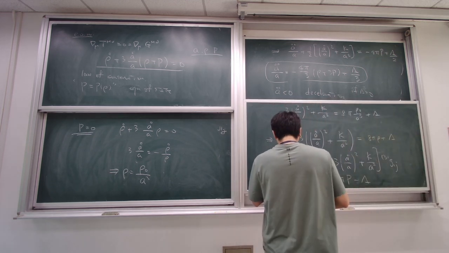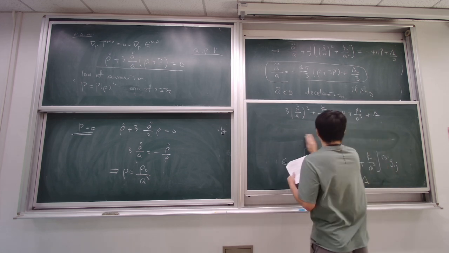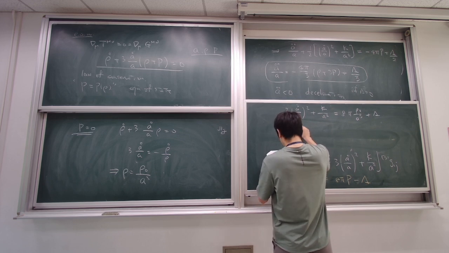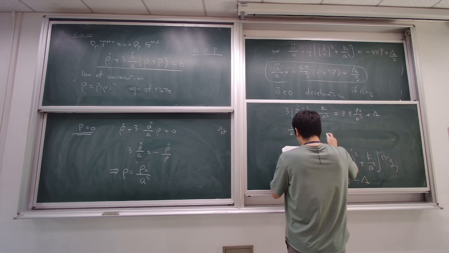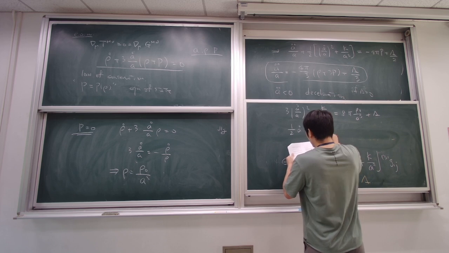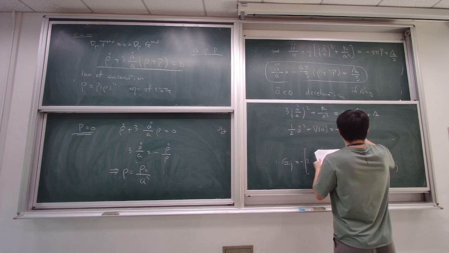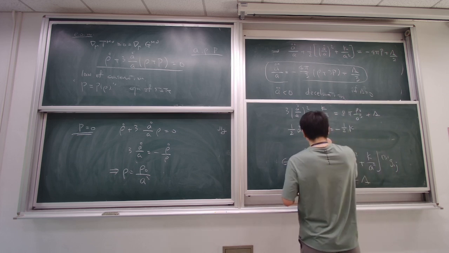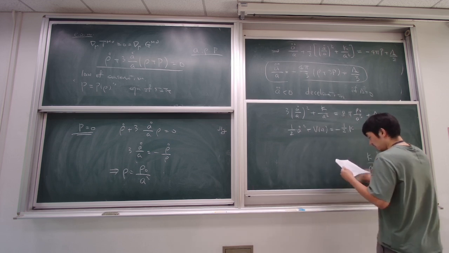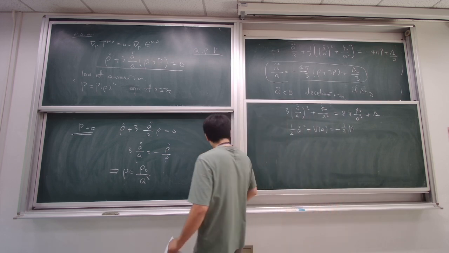Then you just do the manipulation, multiply by some factor, and massage this equation. What you get is as follows: 1/2 A dot squared plus V of A is equal to minus 1/2 K. Sorry, I didn't get to the point.